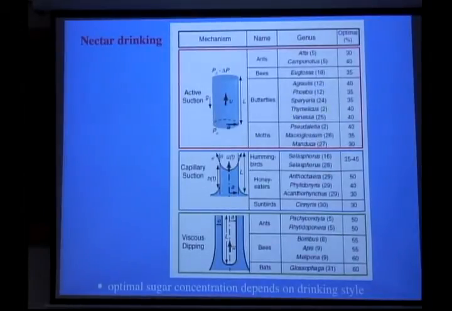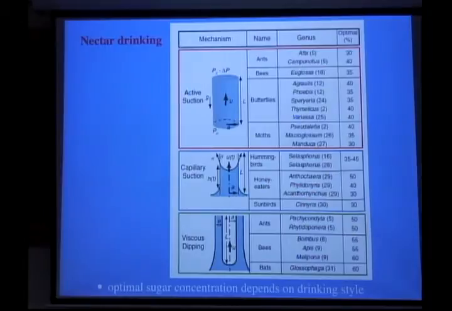And then they do this for the same creature in front of different concentrations of nectar. By measuring its change of weight, they can measure the volume flux, and from the volume flux, if they know the concentration of nectar, they can see how much energy it's getting. So they can then assess experimentally what the optimal concentration is. For what nectar do they receive the most energy?